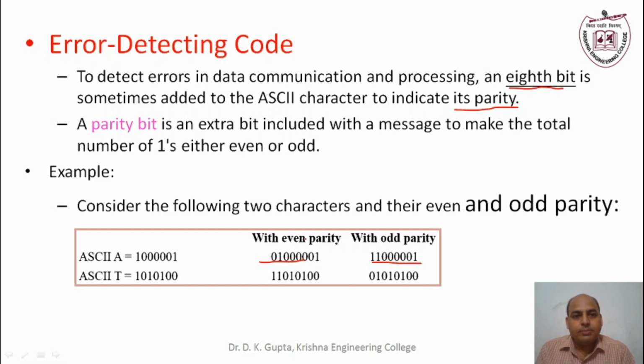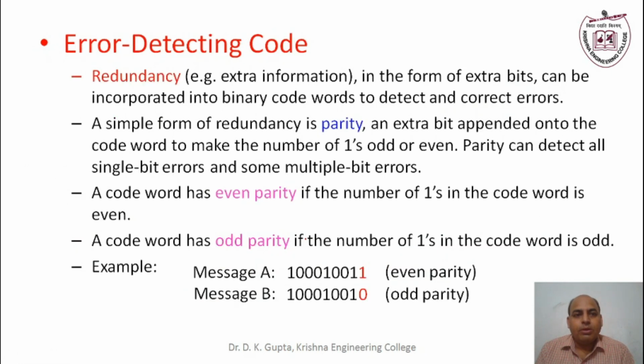So what is a parity bit? A parity bit is just an extra bit included in the message to make the total number of ones either even or odd. That bit is also called the redundancy bit. That extra bit is added in such a way that the total number of ones is either even or odd.